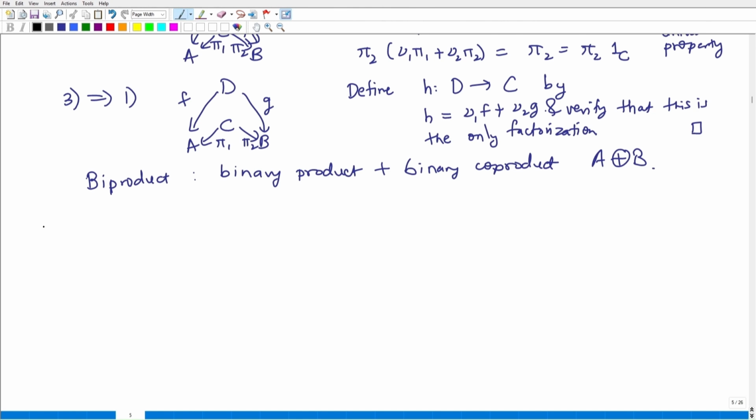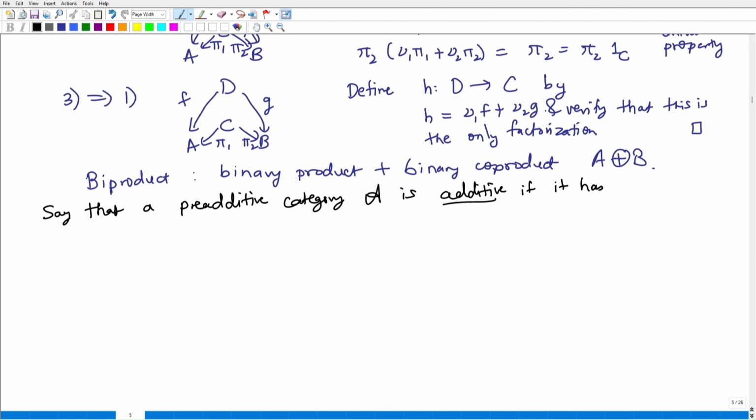Now there is a definition. Say that a pre-additive category A is additive if it has a zero object and biproducts.